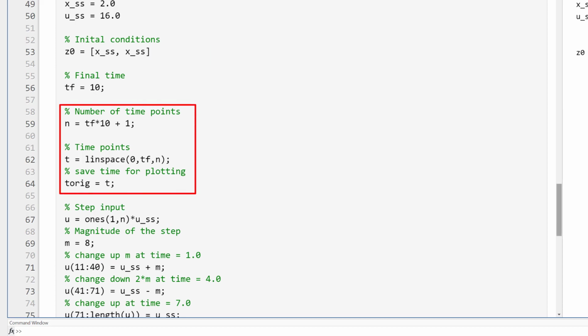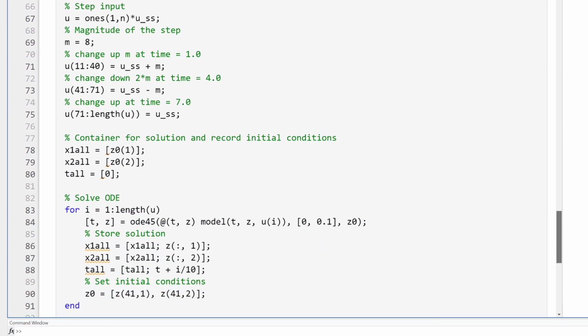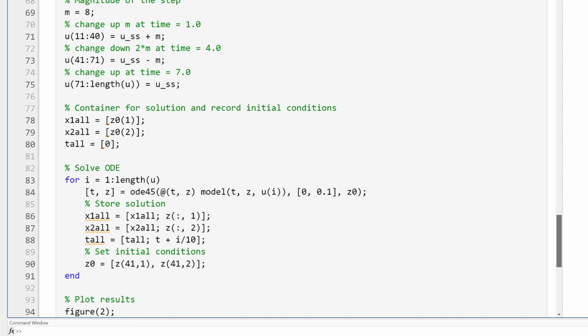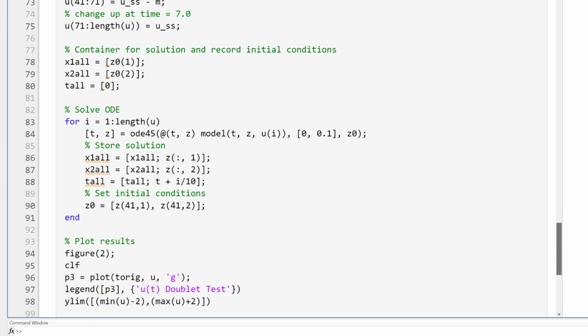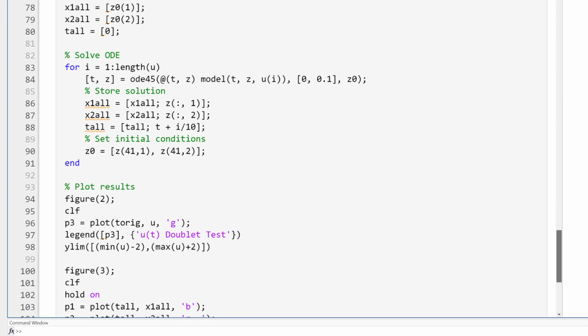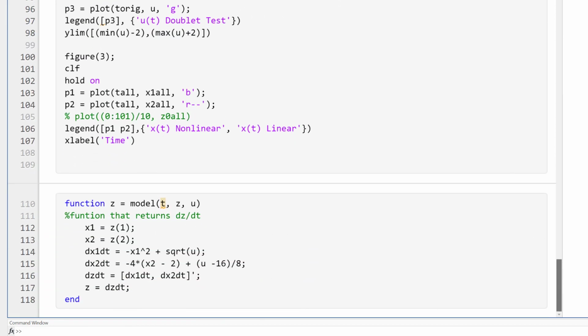We'll also create the time points in the array n and make a linspace. We'll then create our input changes using changes within the array u. And we'll iterate through ODE45 using x1 and x2 all, as well as t all.